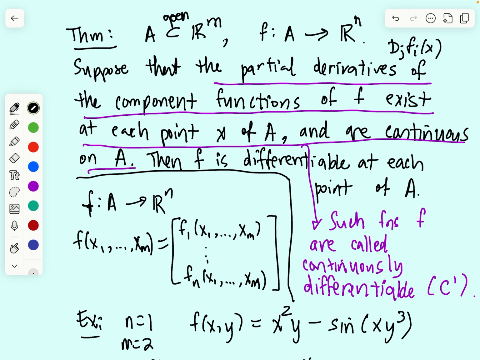I mean, we know that just having the partial derivatives exist doesn't guarantee that the function is differentiable. So the theorem says that if the partial derivatives are also continuous, they don't just exist, but they're continuous, then f is differentiable. And we're rarely going to see a case where the partial derivatives exist, but are somehow not continuous.